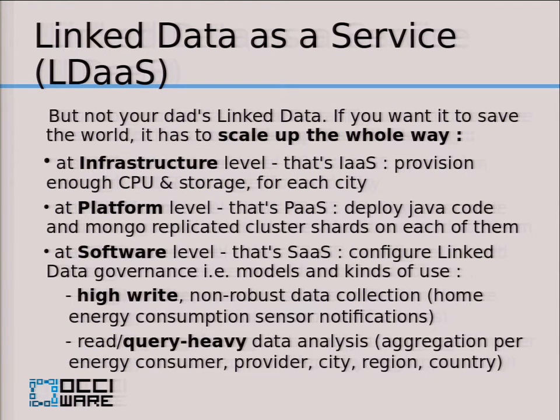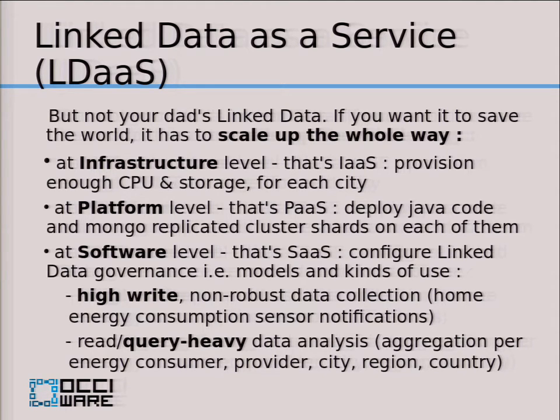REST API playground, great. But if we wanted to save the world, it has to scale the whole way up there. At all levels, if we take the three traditional cloud layers: at infrastructure level, it means provisioning enough CPU and storage and network for each city.